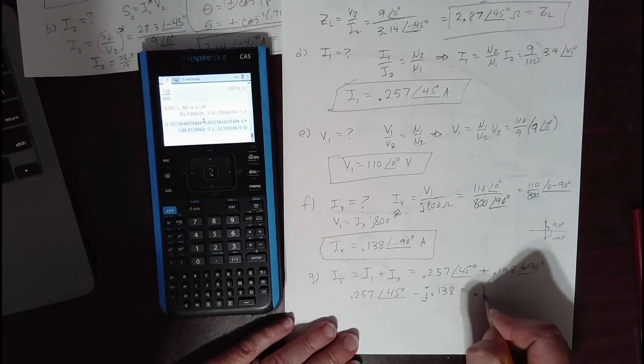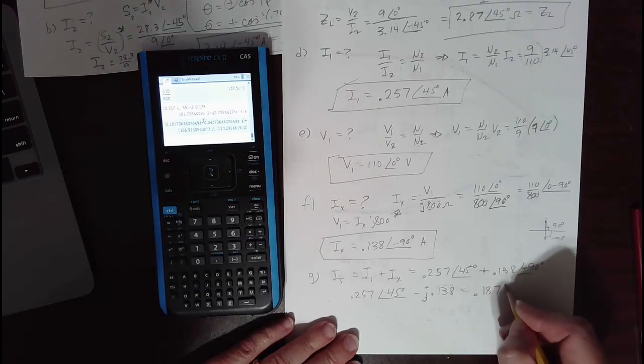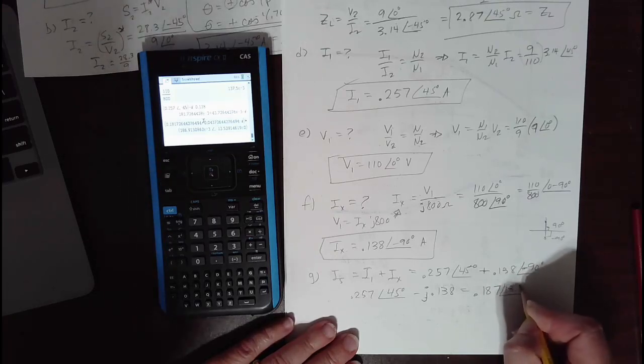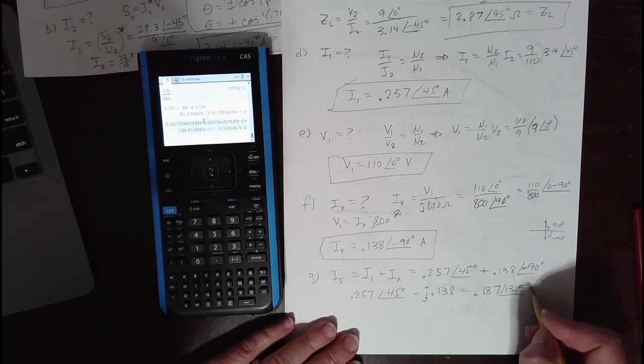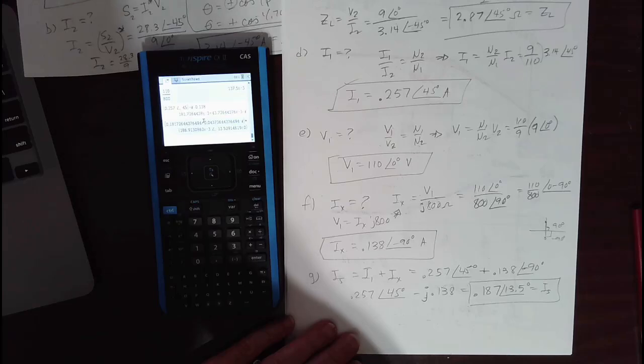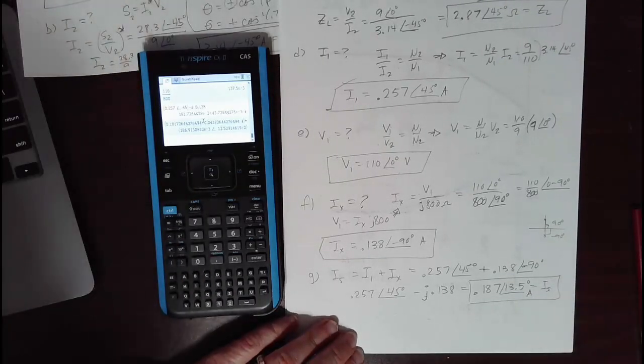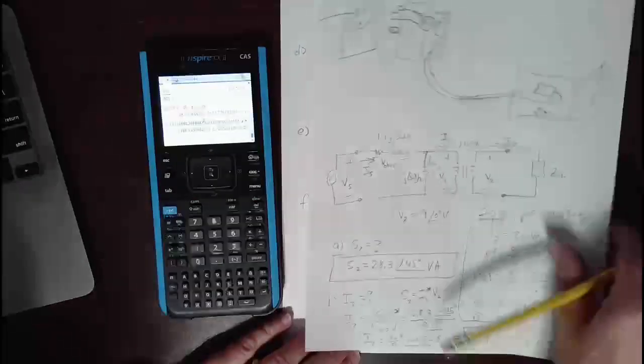So 0.187 at an angle of 13.5 degrees. That's Is. Just checking, looks like that's right. Amps, of course. Okay, so we got Is.